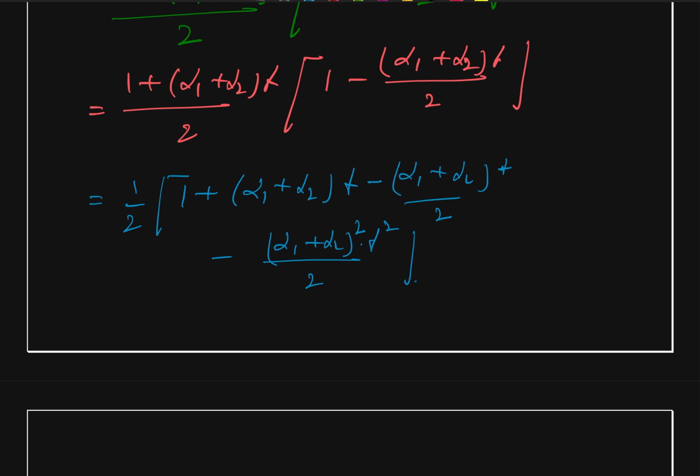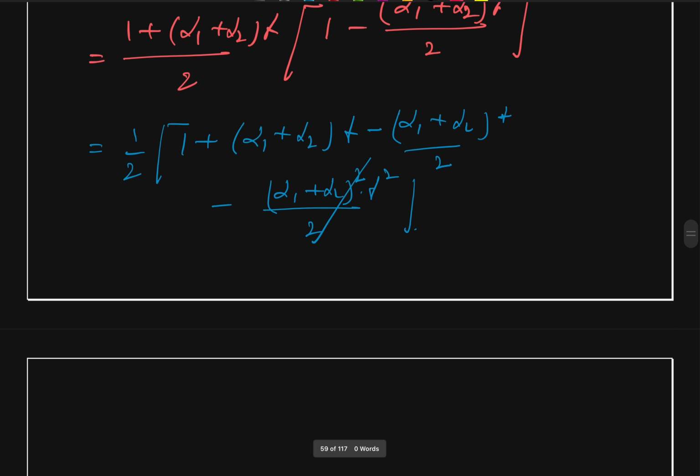And once again we can neglect this square, so we get 1 by 2 times this. Let me write the left side also. On the left side we were left with only 1 by 2, 1 plus alpha p times T is equal to 1 by 2.